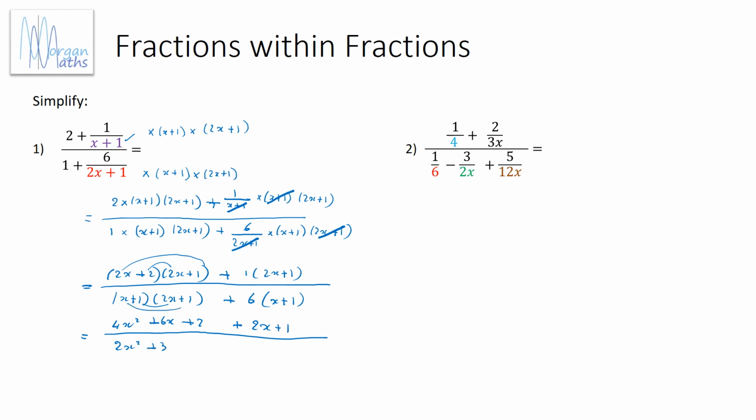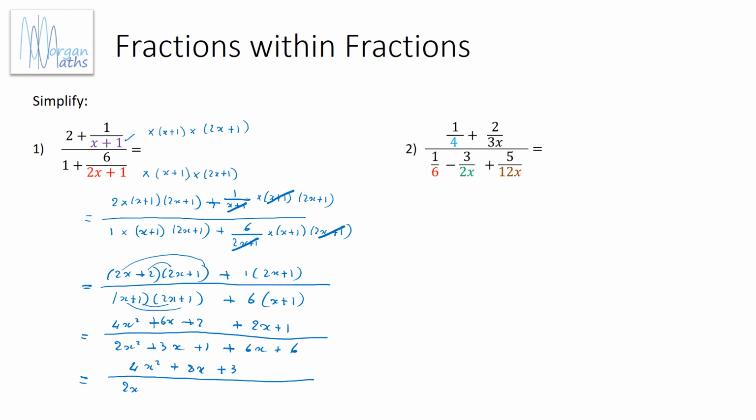And your final stage will be to collect like terms. So at the top we have 4x squared plus 6x plus 2x, so that's a plus 8x plus 3. And at the denominator we have a 2x squared plus 9x plus 7.